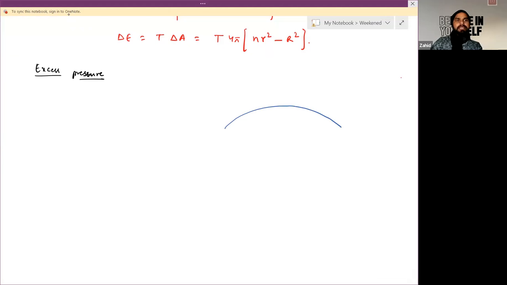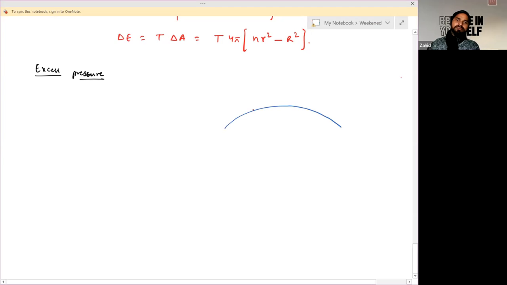If you define the tangent along this direction, T, and for this part it will be along this direction as T, as surface tension acts tangentially.